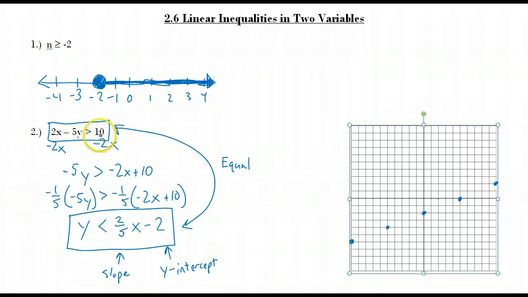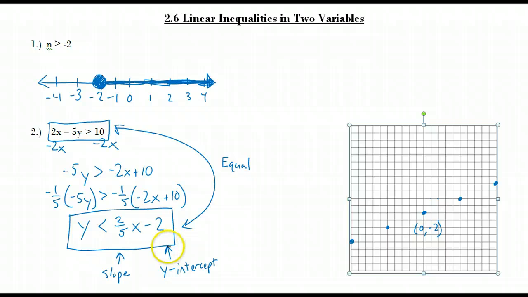Or if I plugged in the x and the y values here, the left side would exactly equal the right side. If I look at this ordered pair right here, 0, -2, if I plug in 0 for x and -2 for y, I end up with 10 and 10. If I plug in 0 for x here and -2 for y, I end up with -2 and -2.